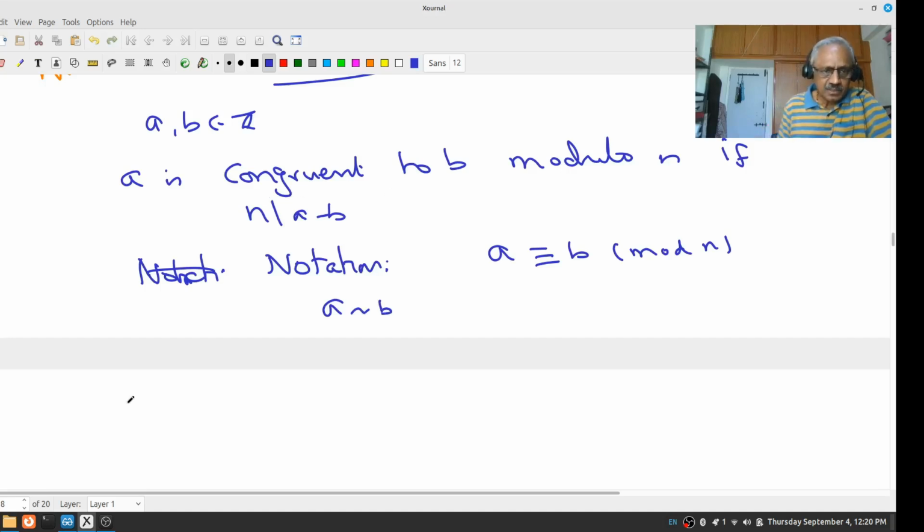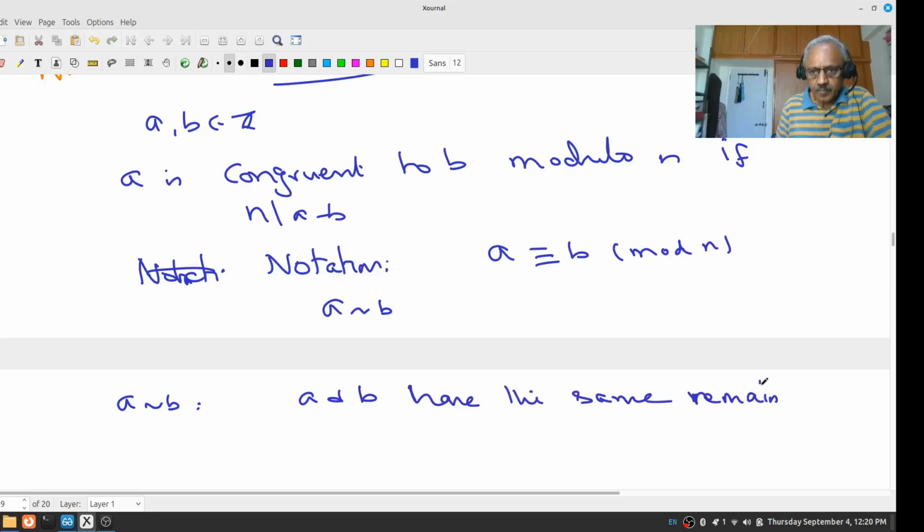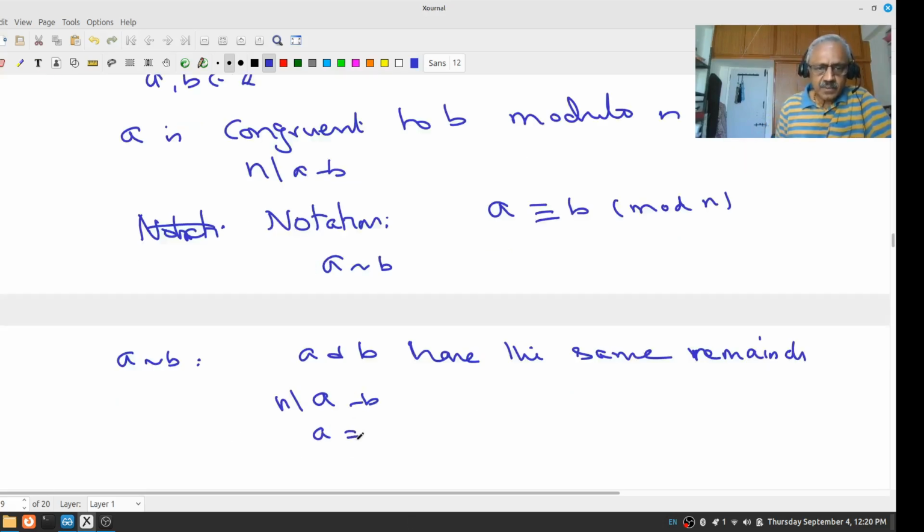Therefore, now this has three meanings. One is a and b have the same remainder. Second, n divides a minus b. And third, a is congruent to b.